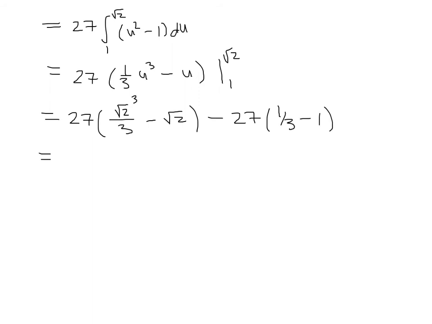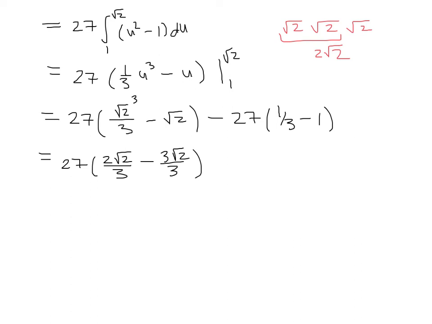Now, root 2 cubed, you can think about as root 2, root 2, root 2, so that's the same thing as 2 root 2. So I have 27 times 2 root 2 over 3 minus root 2, which is 3 root 2 over 3 with a common denominator, minus 27 times negative 2/3.